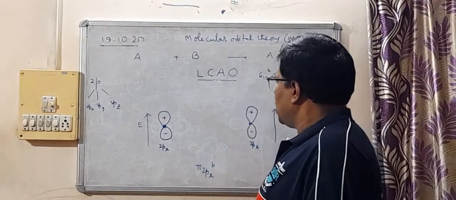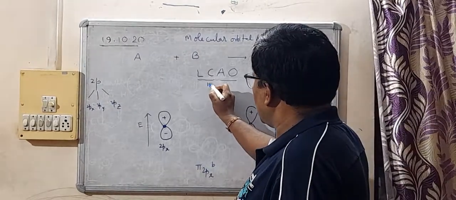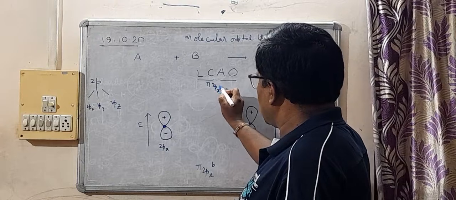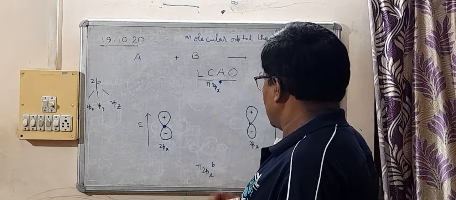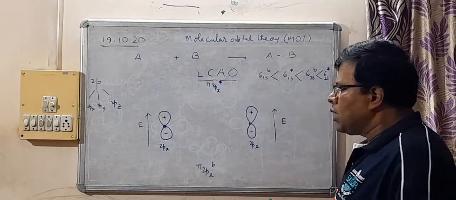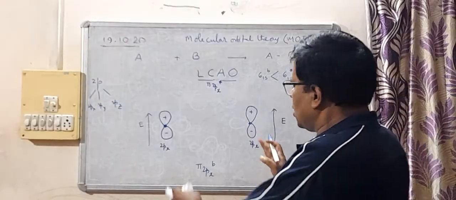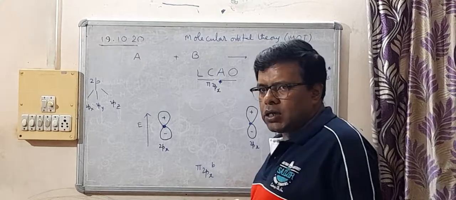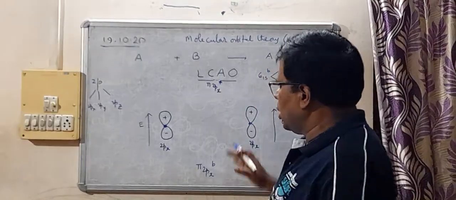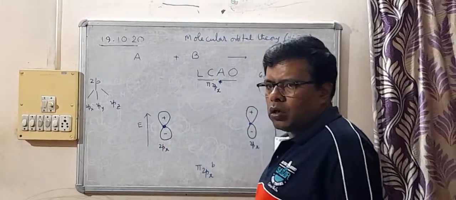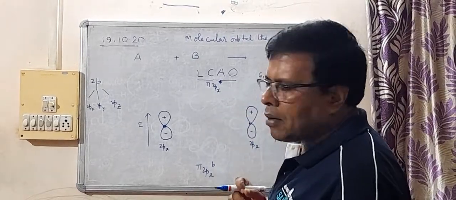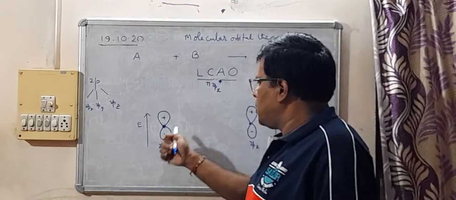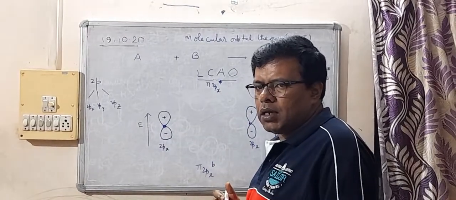Pi 2px bonding, and another will be pi 2px anti-bonding. Why pi here? It is because here when they combine, they will combine laterally. They don't combine head-on. pz had combined head-on. If pz and pz had combined head-on, px and px have to combine sidewise.